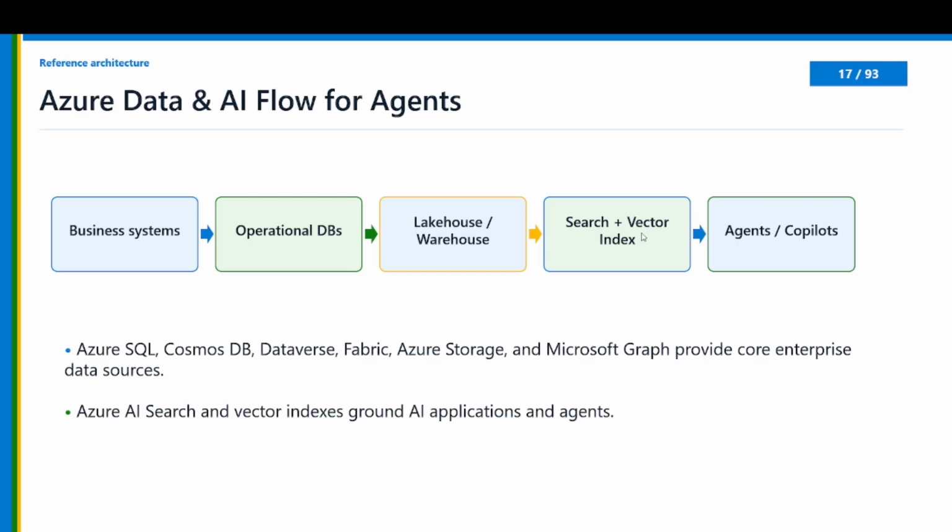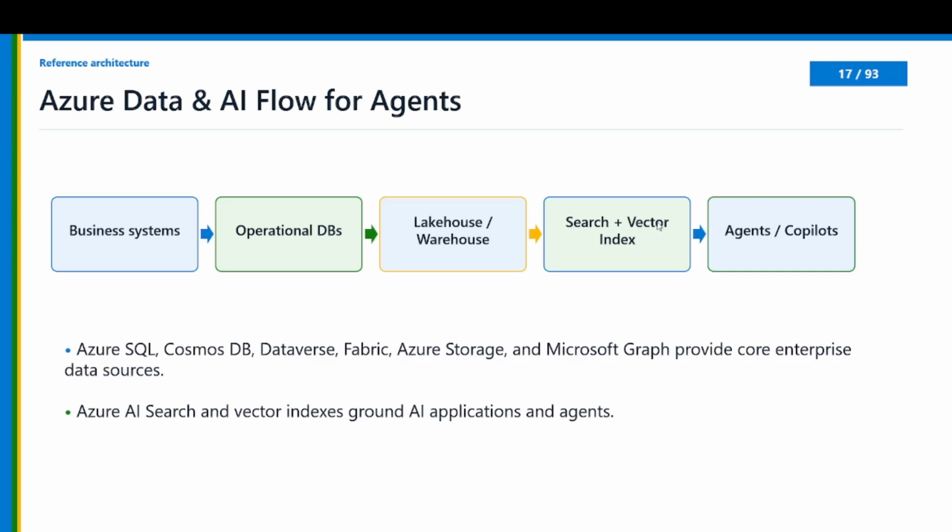And then you have the search plus vector index. This search plus vector index connects to the warehouse and lakehouse to ingest, chunk, and embed, and store this data as context and index data in a vector database.